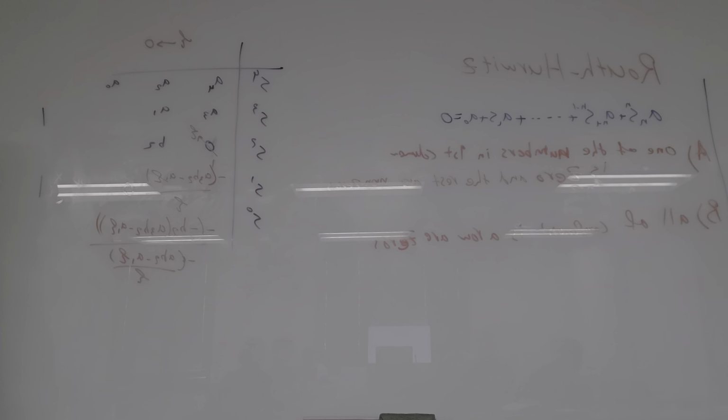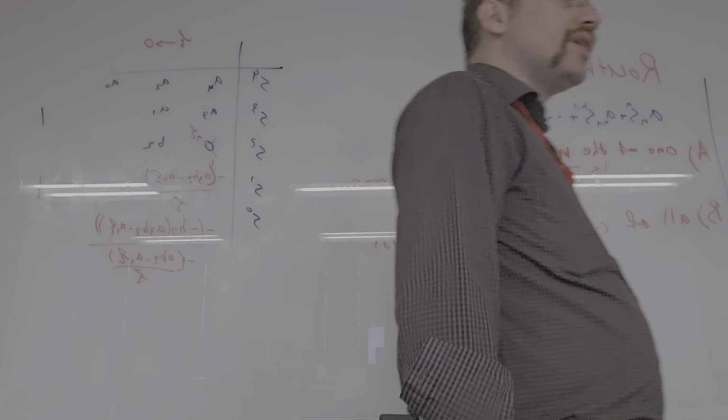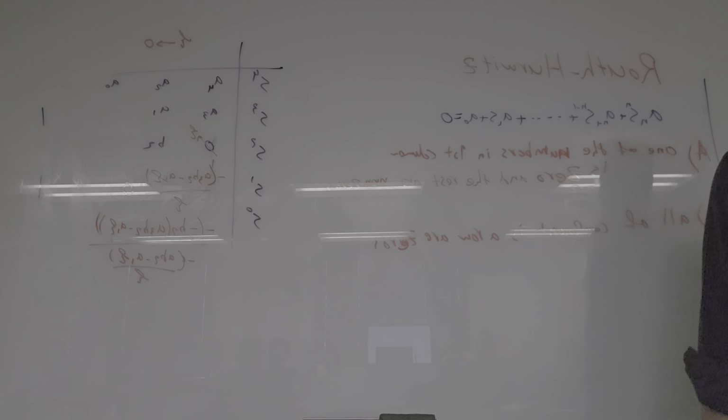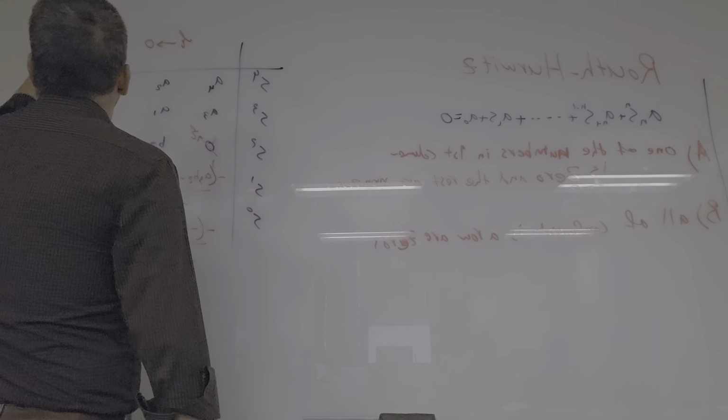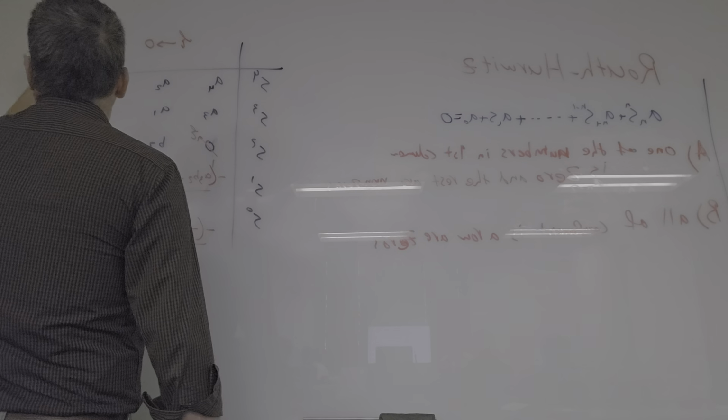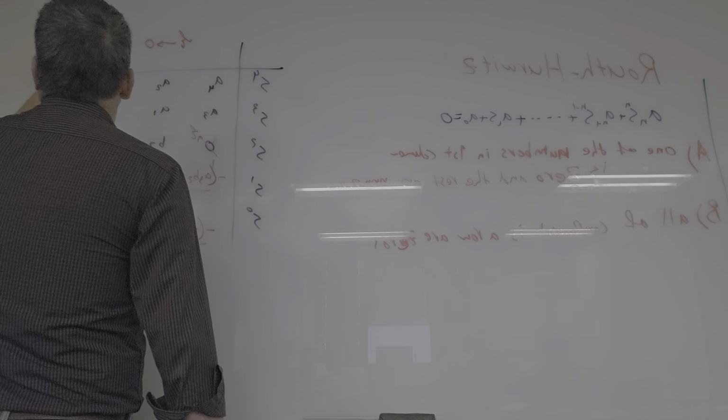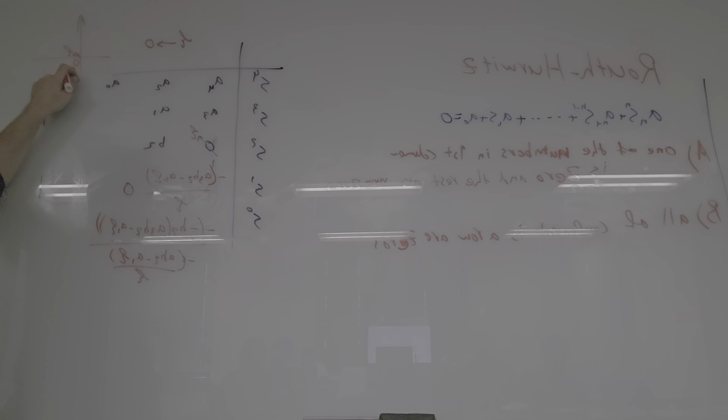Are we good? Now, the epsilon is limiting to 0, so it's a very tiny number. It either goes to 0 from the positive side or from the negative side. We don't know, so we are going to consider both situations. First we consider epsilon as a tiny positive number and see what happens in the table.